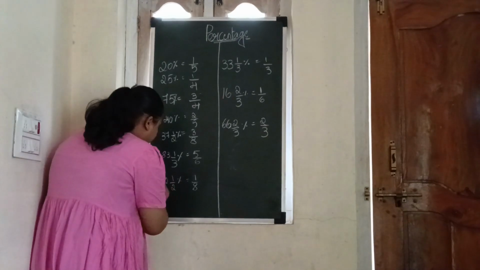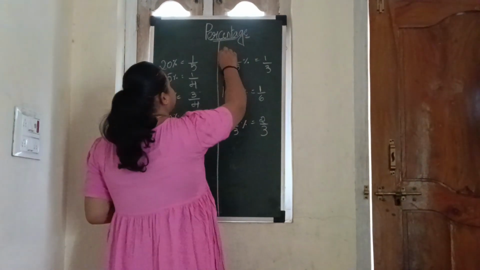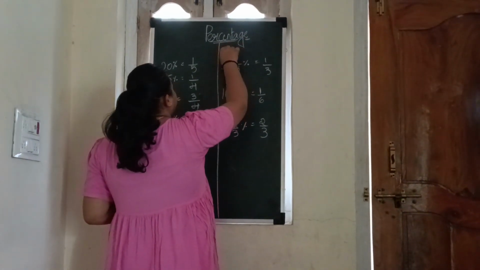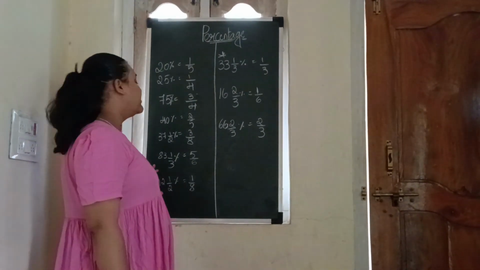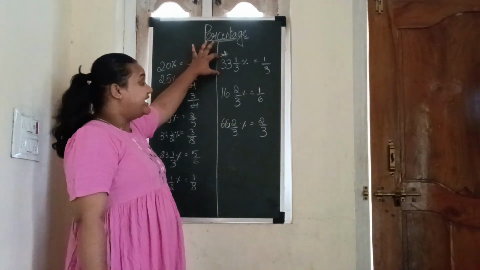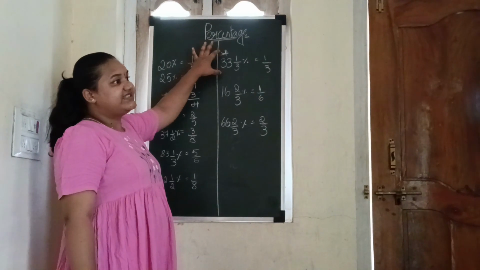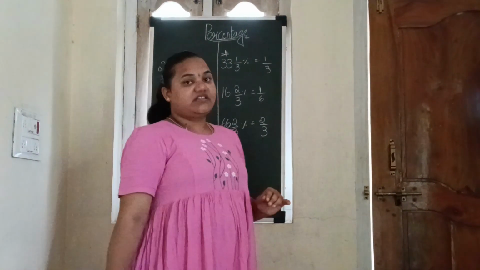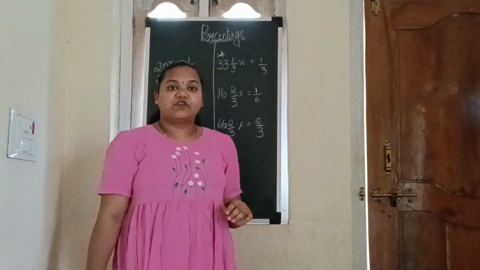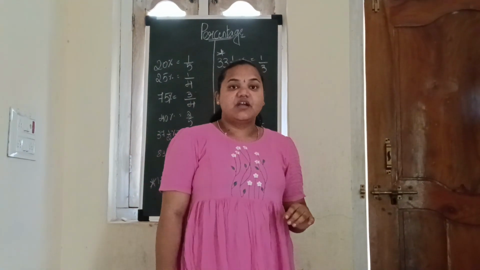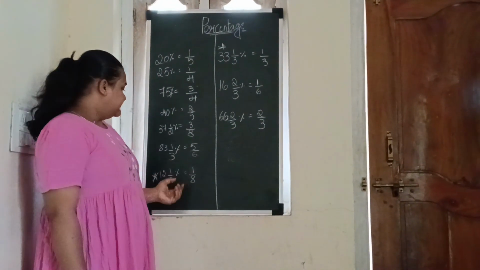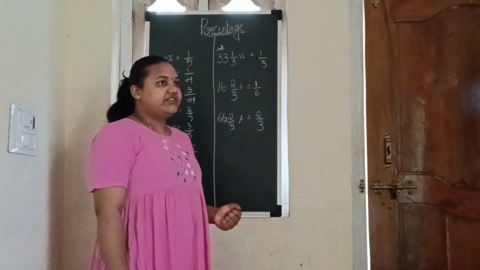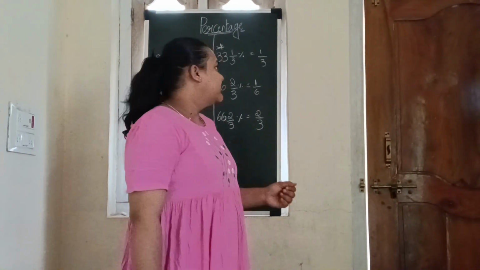These two, 12 1 by 2% and 33 1 by 3%, are very repeated percentages we see in competitive exams. I know this is for teaching the basics, but I thought to give the important percentage values, as it will be useful for others also.